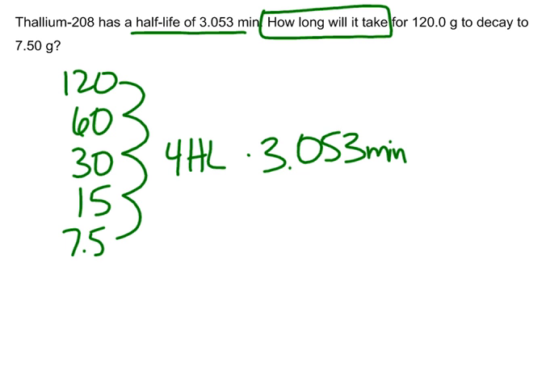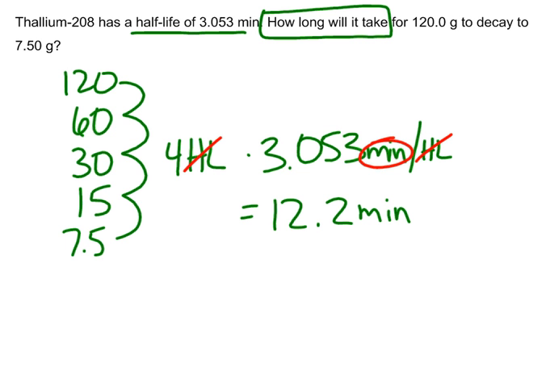Remember, the unit could be minutes per half-life, and because of that, my half-life unit will cancel out. I'm left with just minutes. When I do that math, I end up with 12.212, but you can just put 12.2 minutes.